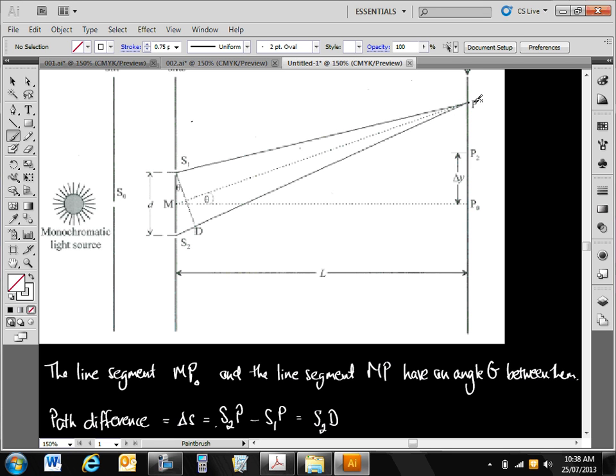Angles PS1D and PDS1, these two angles in here, are very close to 90 degrees. I know that it doesn't look like that in this diagram, but because this distance here is very small and this distance here is very small, these two angles are very close to 90 degrees. Greater than 89 anyway.